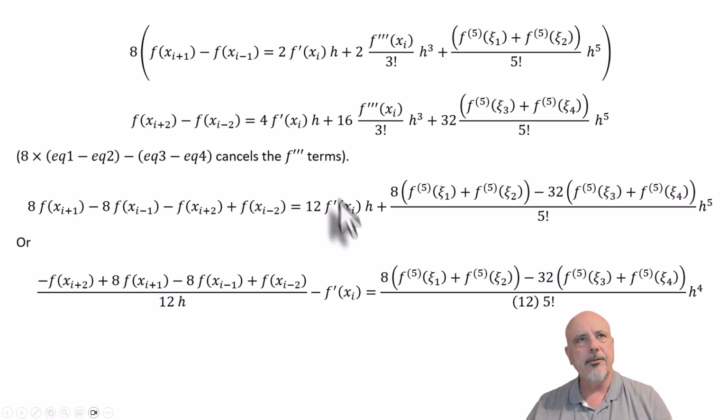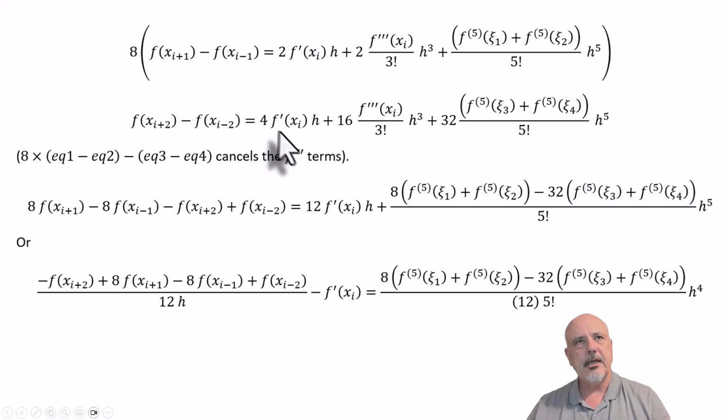So we end up with 8 times 2 is 16, and I'm going to subtract off 4, so I end up with this 12 in front of the f prime. I'm going to have 8 in front of the i plus 1, minus 8 in front of the i minus 1. I'm going to have just a straight minus i plus 2 and a straight minus a minus i minus 2. So I think I've said that right.